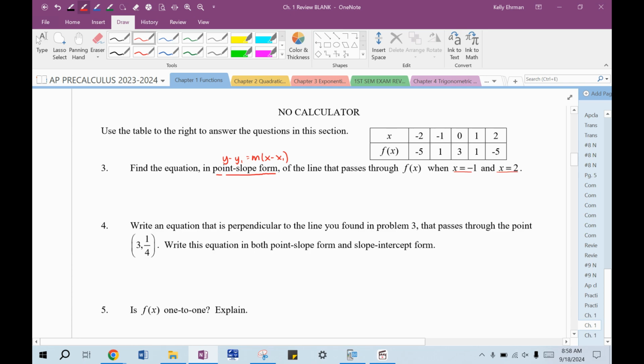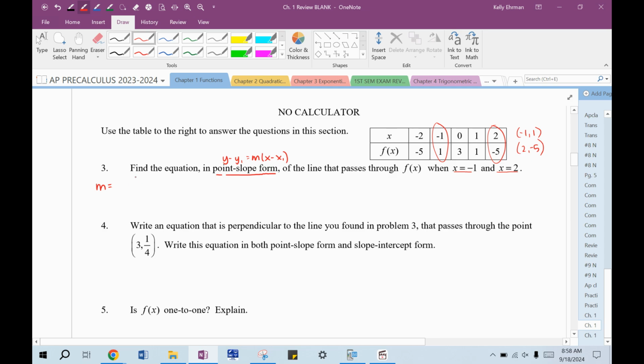So we need a point and a slope. So let's calculate the slope first. Remember, when you're given a table, you're kind of just thinking like average rate of change. We're using when x is -1 and when x is 2. So the 2 points that we're looking at here are (-1, 1) and (2, -5). If it helps you, you could write them out like that.